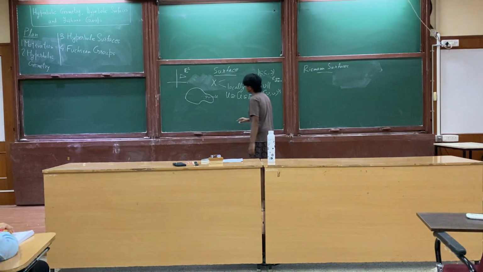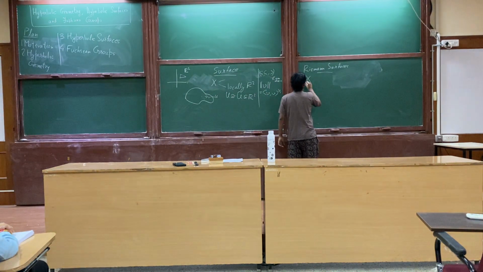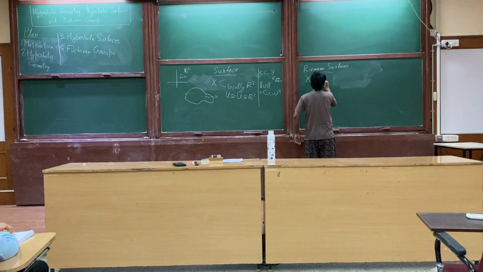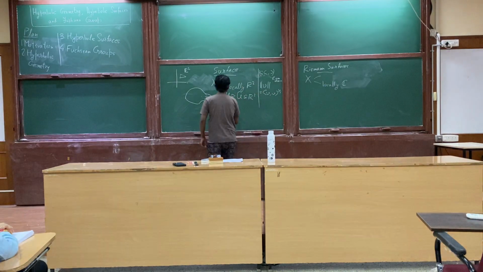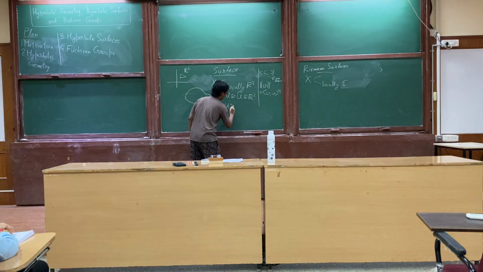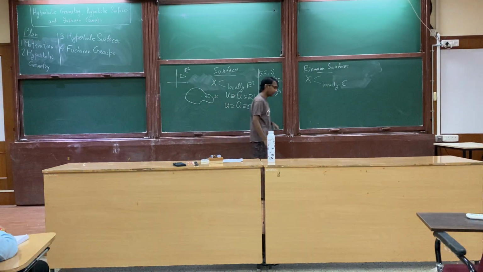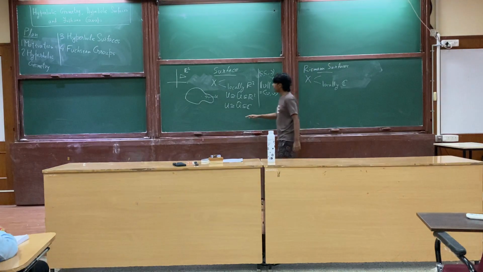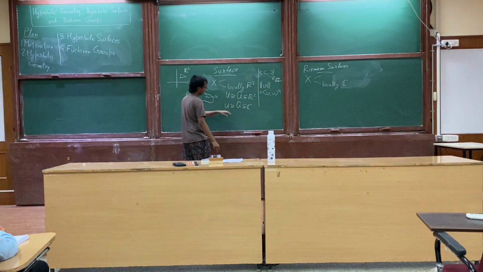This definition is essentially the same as before, the regularity conditions are the same, but instead of asking that it's locally R2, we say that it's locally C. We'll ask that U be conformally equivalent to some open U hat subset of C. What does conformal equivalence mean? It simply means that you have a holomorphic map going from U to some open domain U hat in C, which is also a bijection.